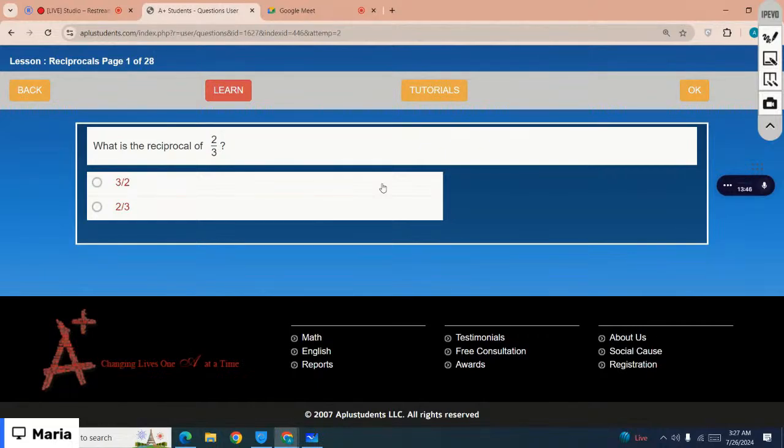Option number 1 is the correct option. You simply need to switch the numerator and denominator. So option number 1 is the correct option.